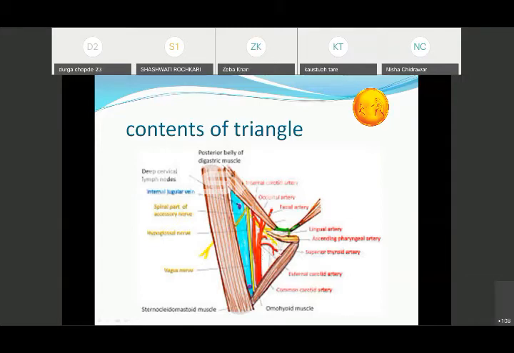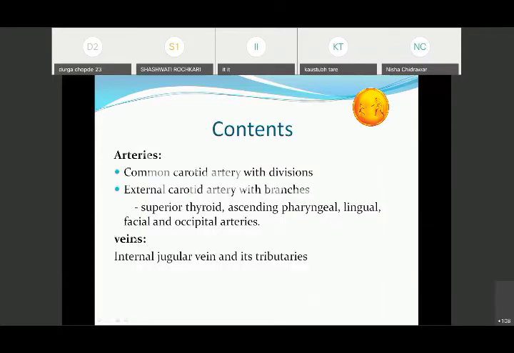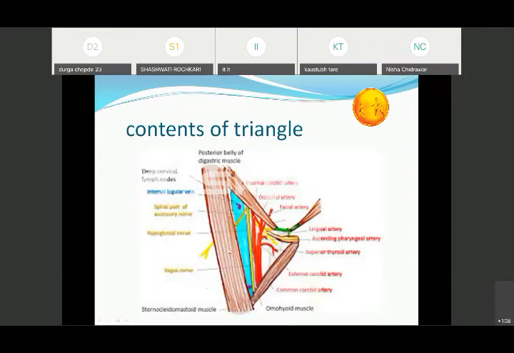These are the branches of the external carotid artery: superior thyroid artery, the ascending pharyngeal artery, then lingual artery, then facial artery, and this is occipital artery. And the vein you see is the internal jugular vein and its tributaries. Here you can see the internal jugular vein with its tributaries.